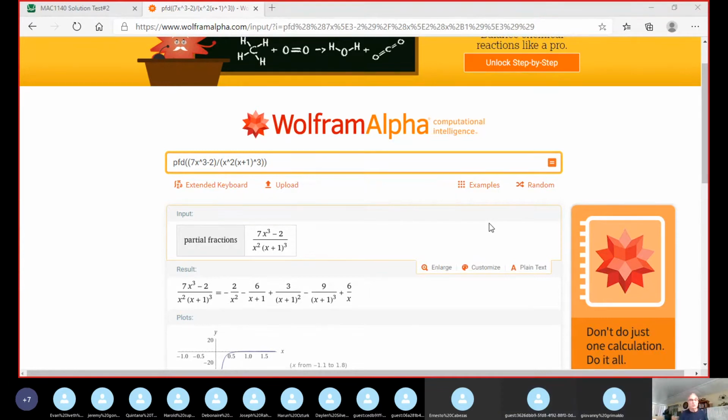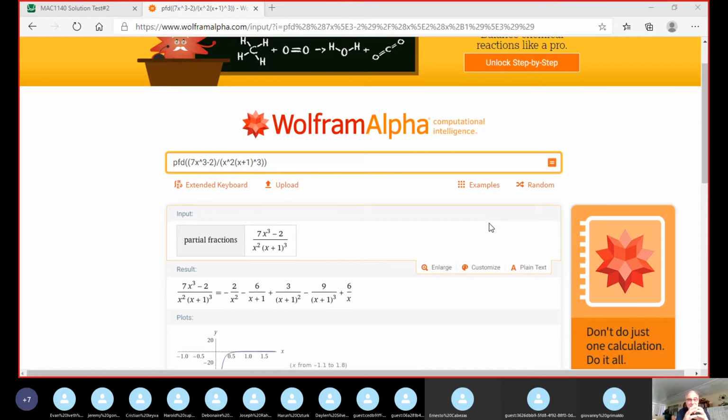So the only thing you should do is go to Wolfram Alpha, go to the section for algebra, and open any box related with algebra. No calculus, algebra. Then you delete everything and you put PFD, partial fraction decomposition, and open one big parenthesis.